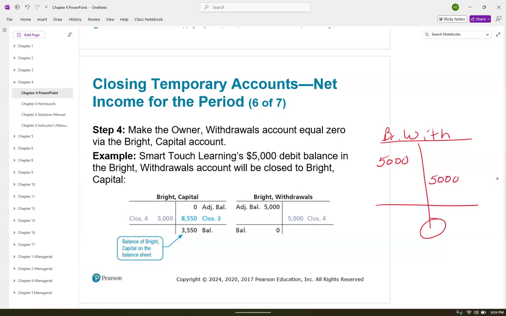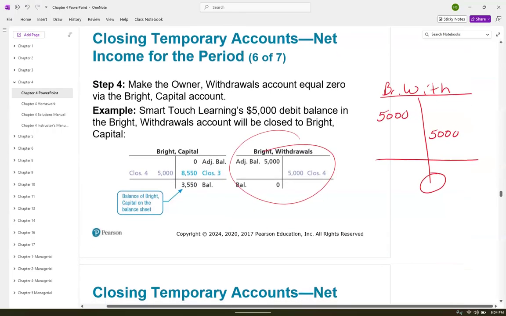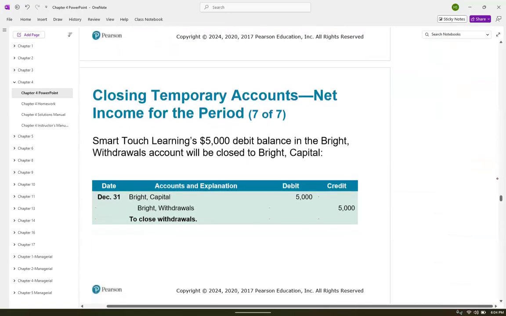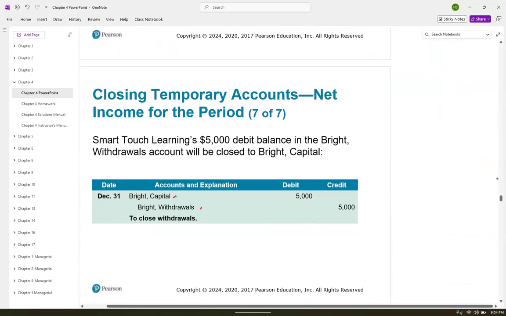So we're going to credit the withdrawal account to make it go to zero, which they did right here. I'm going to come back to the capital. The journal entry for us to do that is to credit the withdrawal and debit the capital account for the $5,000 that was taken out.